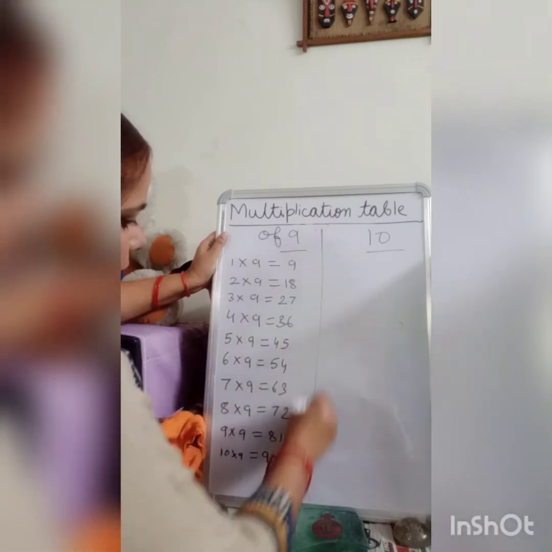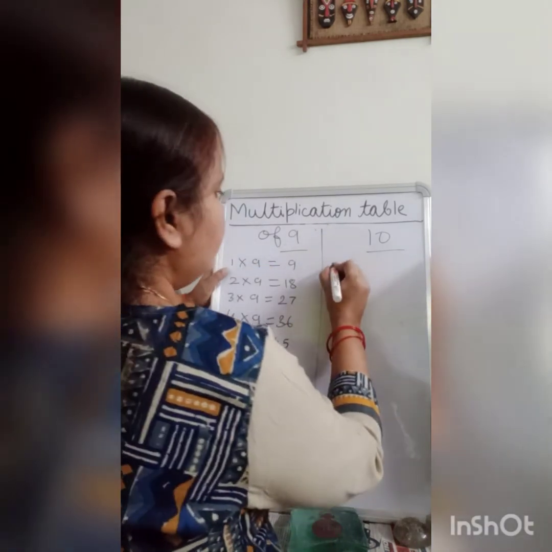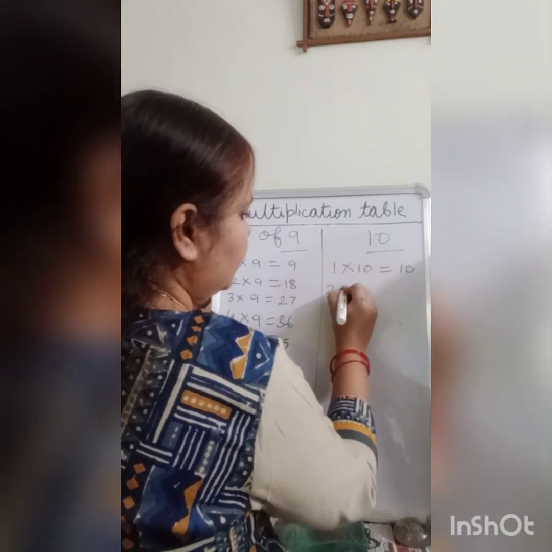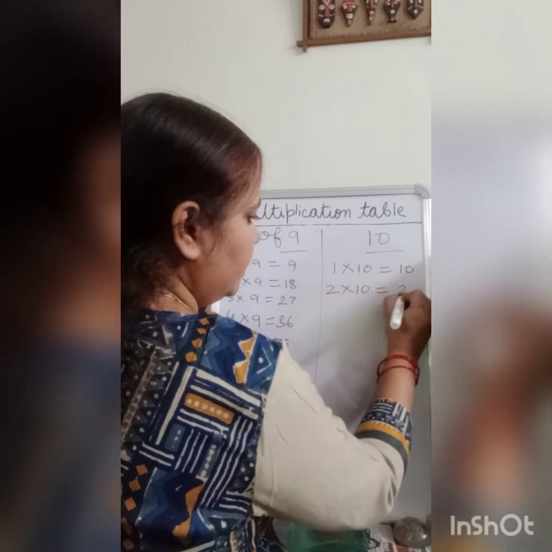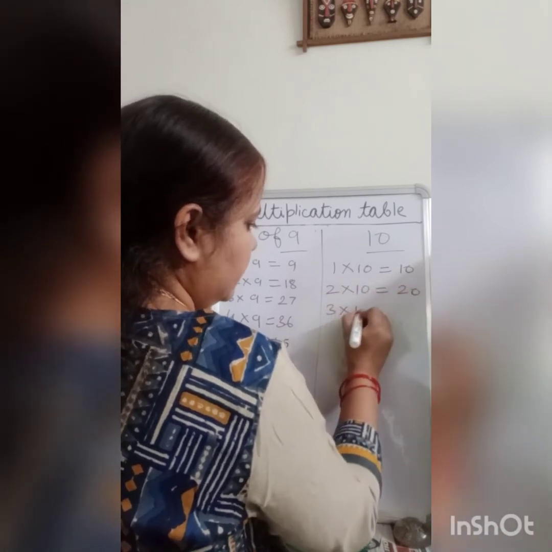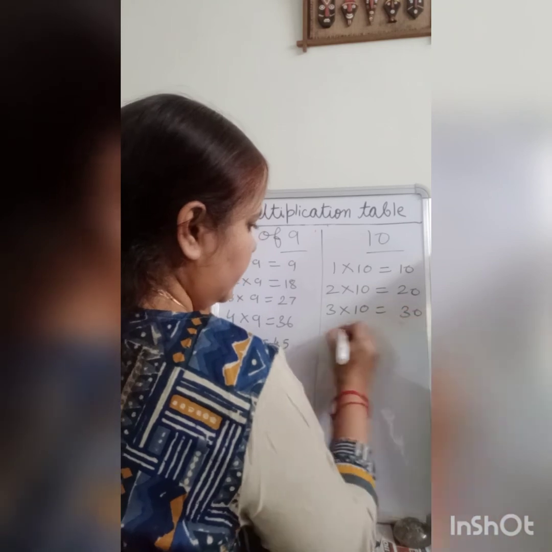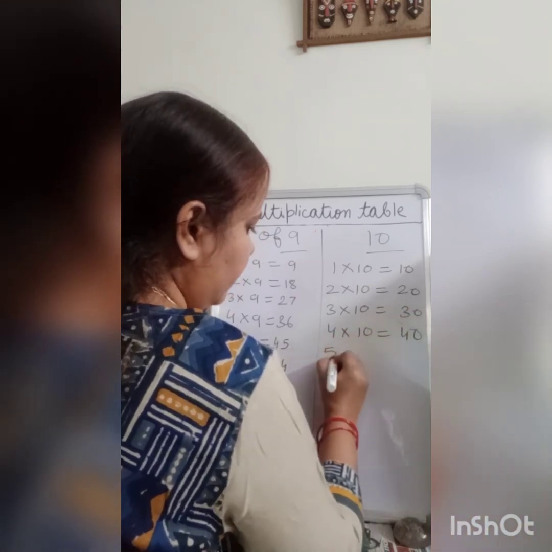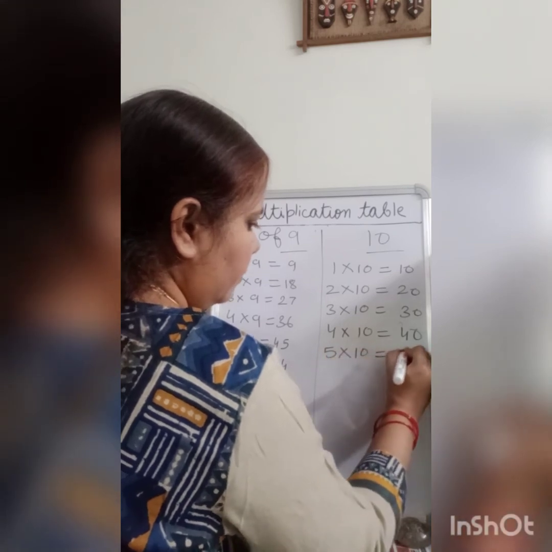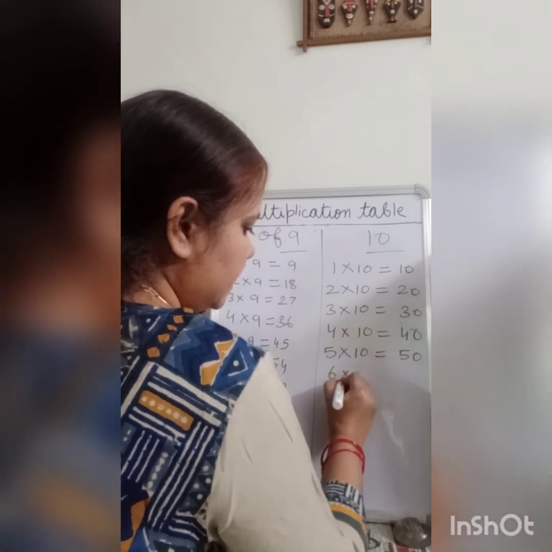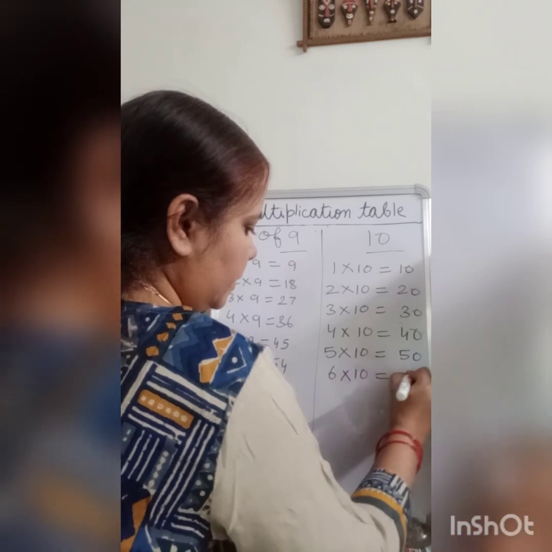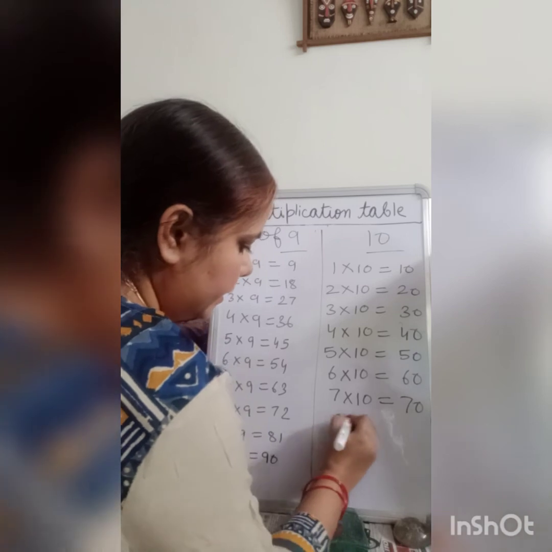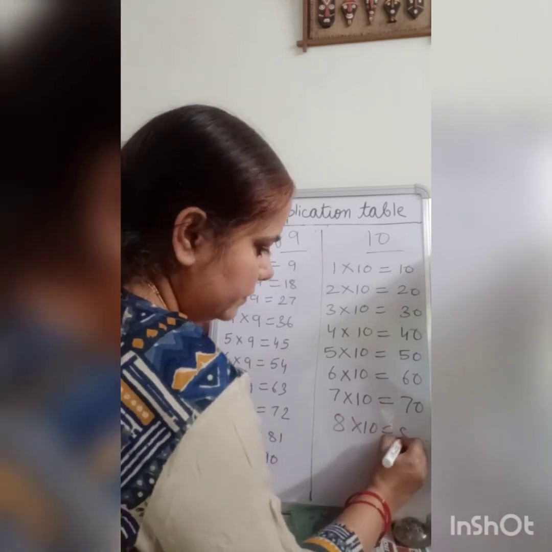Okay, then comes the table of 10. 1 times 10 is equal to 10, and 2 times 10 is equal to 20. 3 times 10 is equal to 30, and 4 times 10 is equal to 40. 5 times 10 is equal to 50. 6 times 10 is equal to 60. 7 times 10 is equal to 70. 8 times 10 is equal to 80.